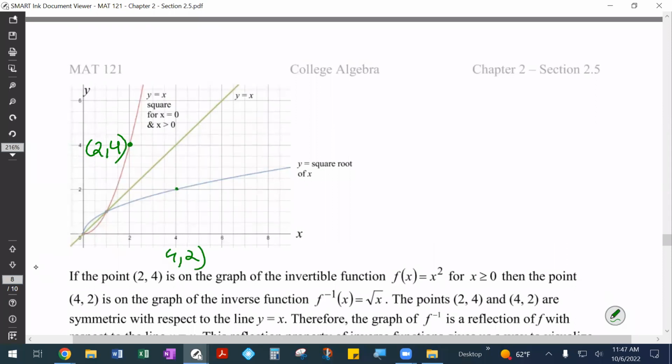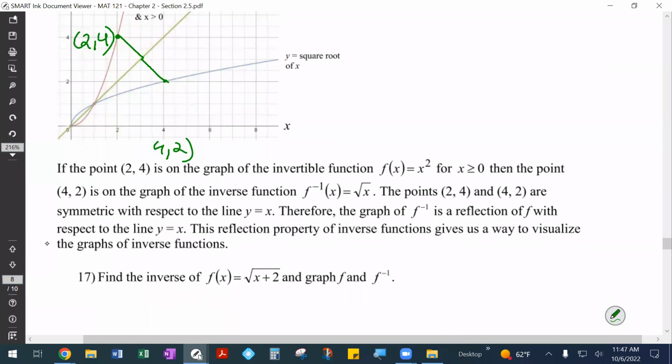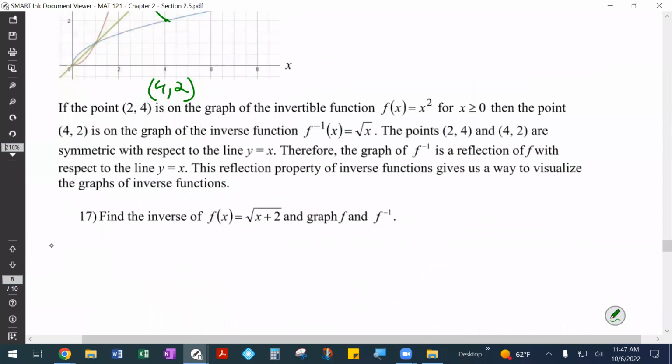And as you can imagine, that would be the point which would be reflected over here. So you can pick points, interchange the x and y, and if you wanted to talk in terms of distance, that would be the same distance from that line, y equals x. So you can kind of use that idea also.